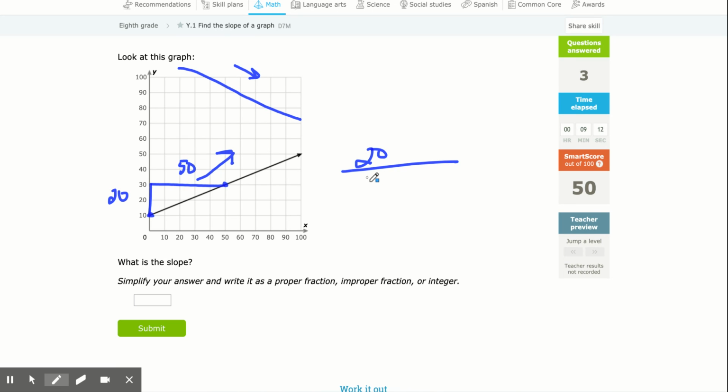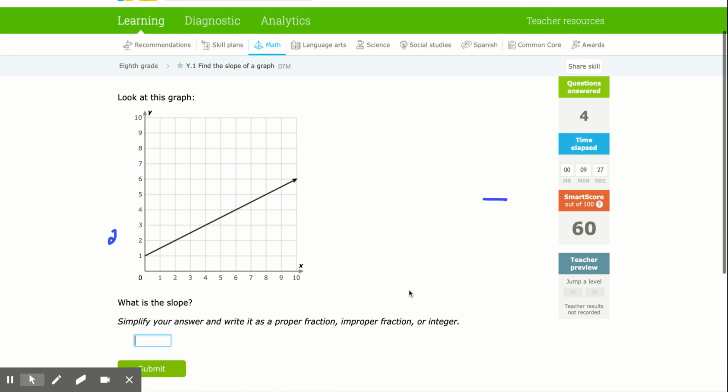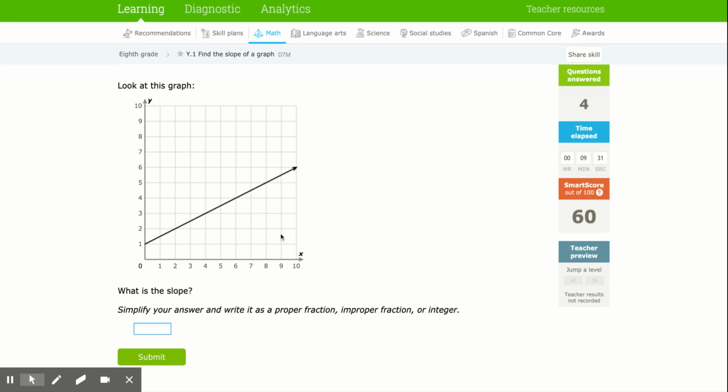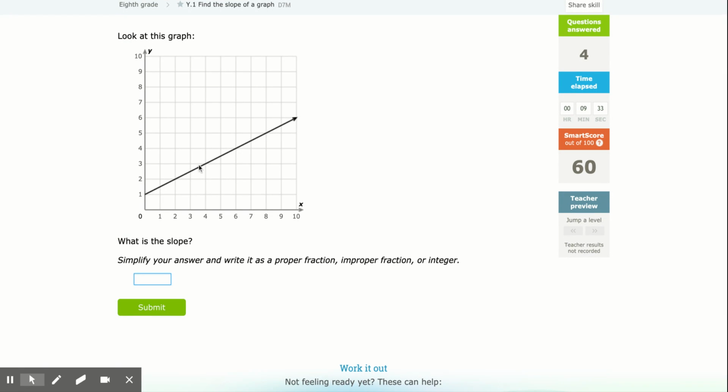But again, that reduces to 2 over 5. So I come over here, type in 2 over 5, and I get the right answer. Okay, I'm going to just skip ahead a little. Oh, I can't skip ahead a little bit on this one. So apparently all of these, like I said, are going to be positive slopes.